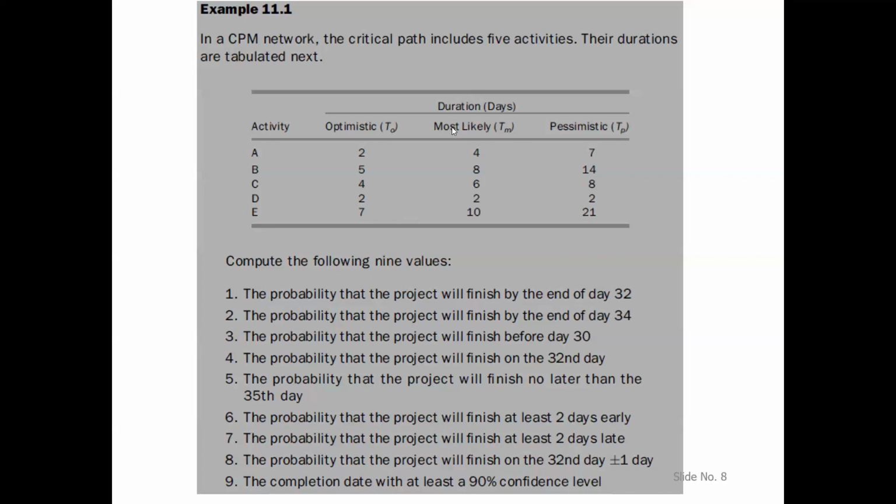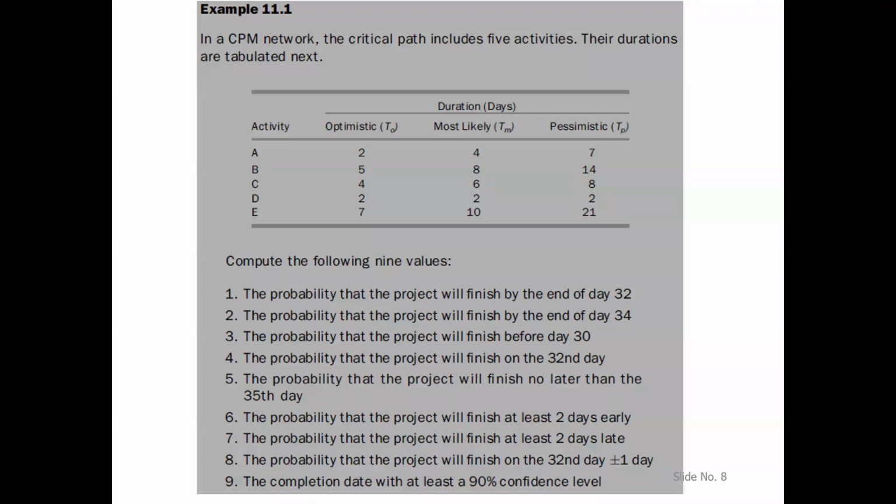Okay, if you look at this data, remember that this is the data for the critical path. So A, B, C, D, E is the critical path. So we are just taking out of a critical path network, because in the critical path CPM network, there may be several paths.